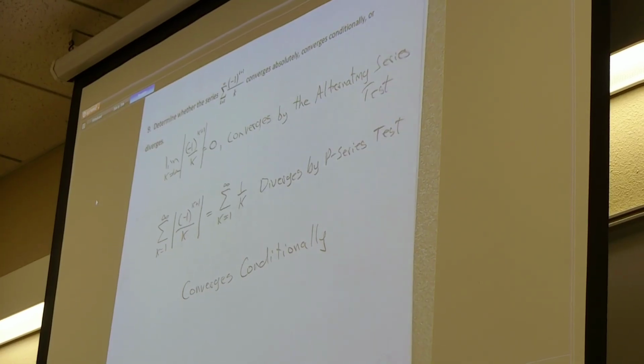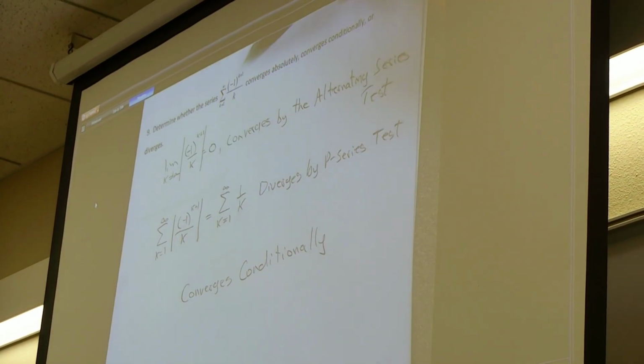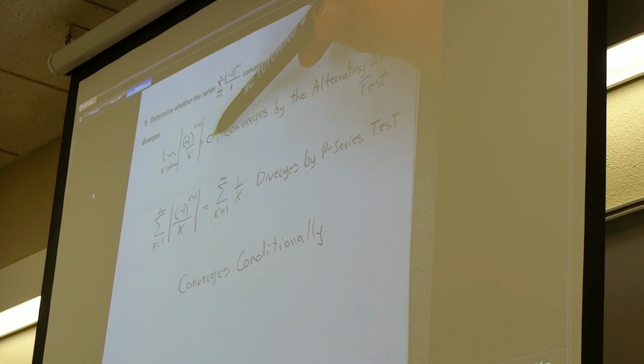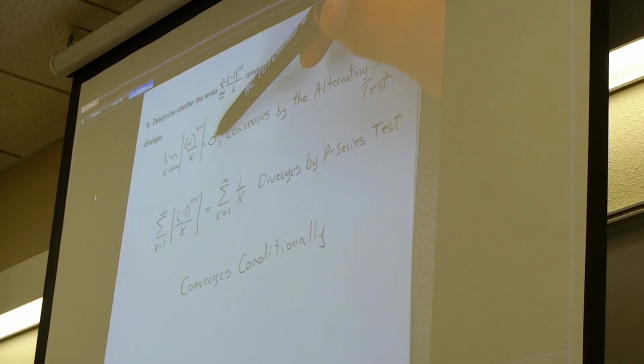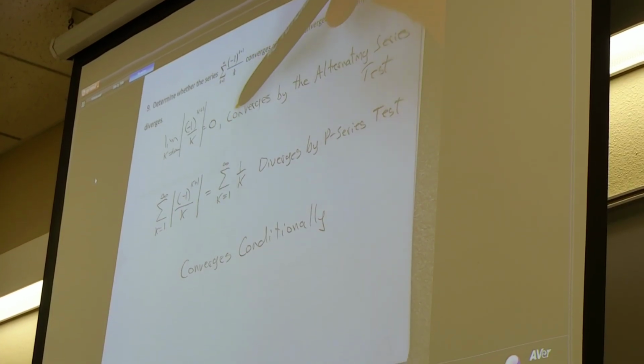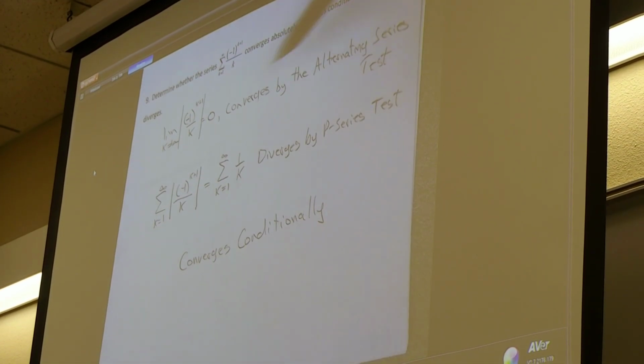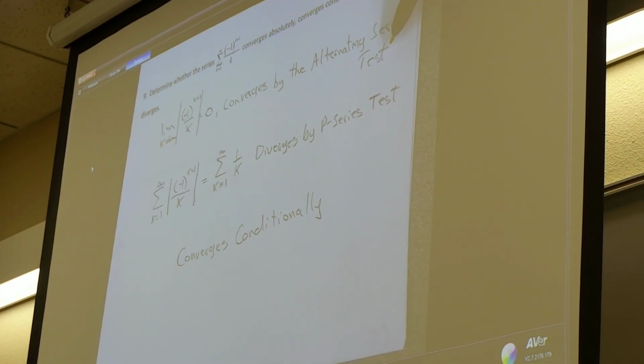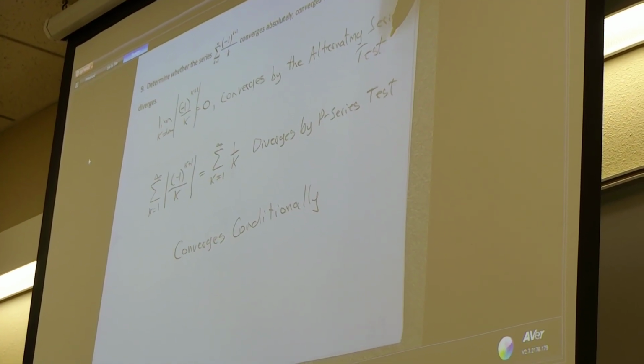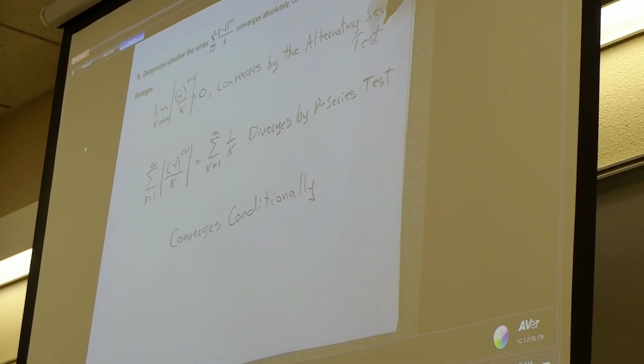Well, the limit of this expression is 0 as k goes to infinity. That is the alternating series test doing that limit. So we know it converges by alternating series test. But now we need to test for absolute convergence.